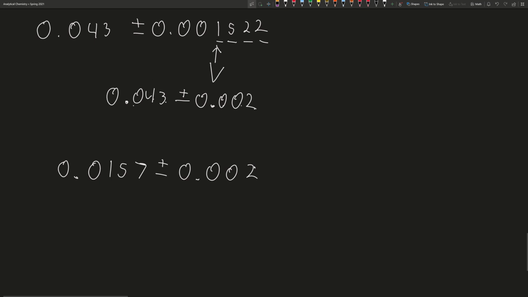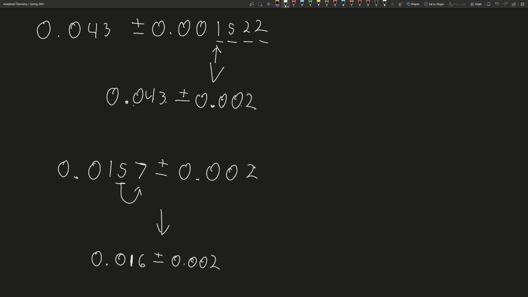We would see that this would be what we want to round our value to, or the last significant figure would be this one. See that that's a 7. Therefore, this would turn into 0.016 plus or minus 0.00. I think that's all you really need to worry about for this part. I can't think of any other examples off the top of my head at the moment.